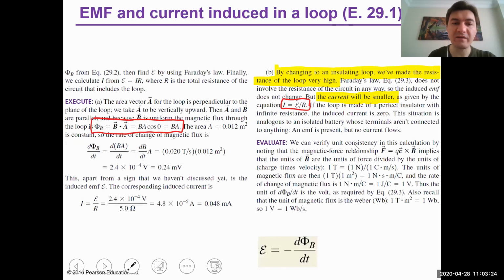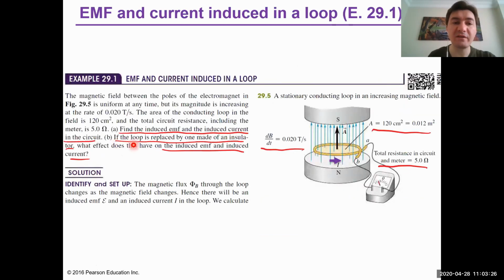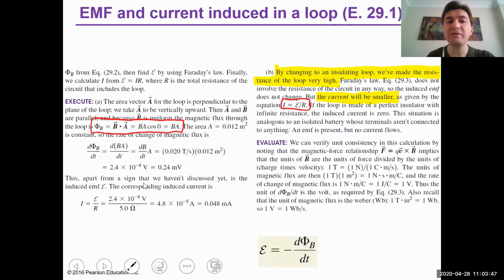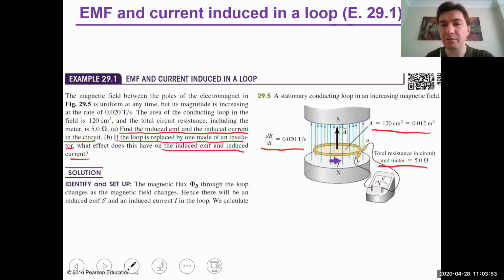Okay, so the second question: if the loop is replaced by one made of an insulator. Here we have a conducting loop; instead of the conducting loop, just use an insulating loop. Then what about the induced EMF and induced current? The induced EMF will be the same.